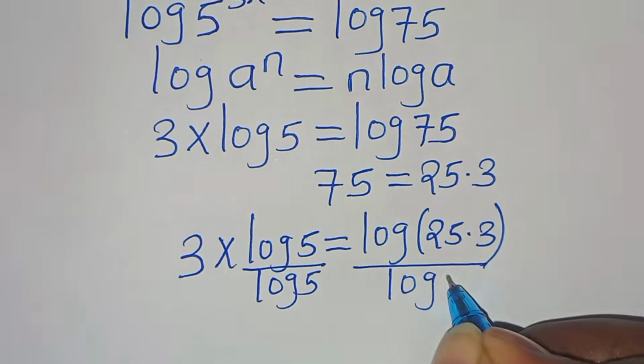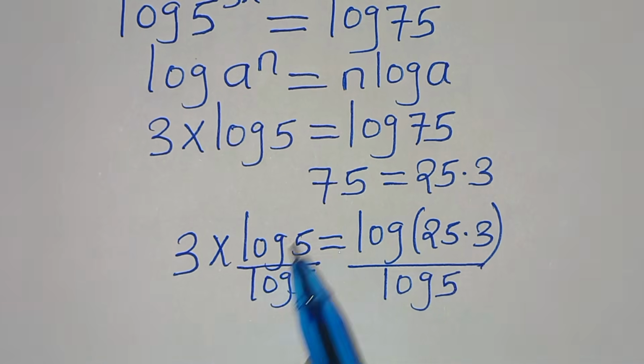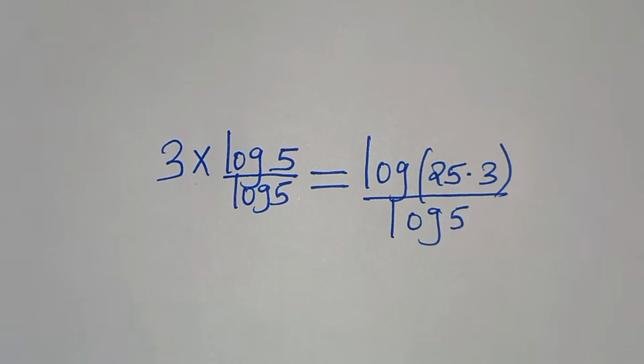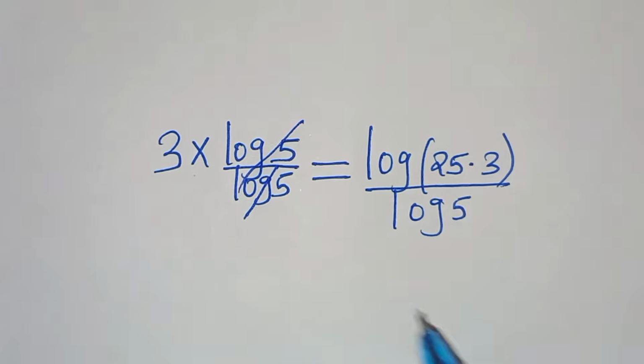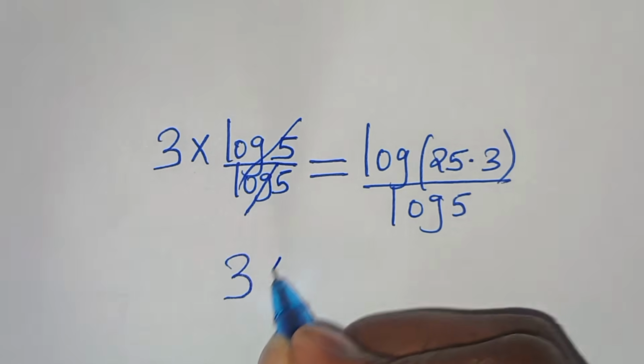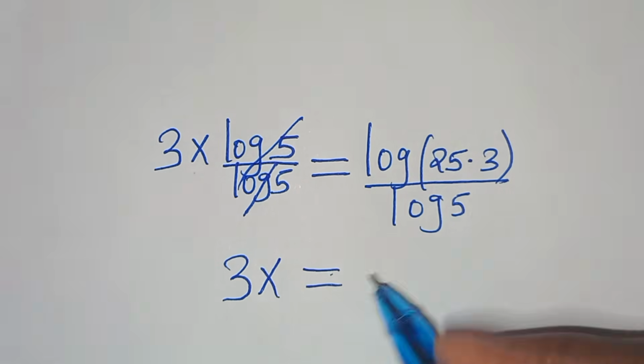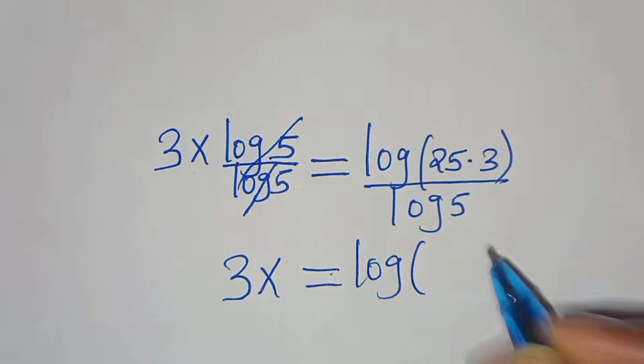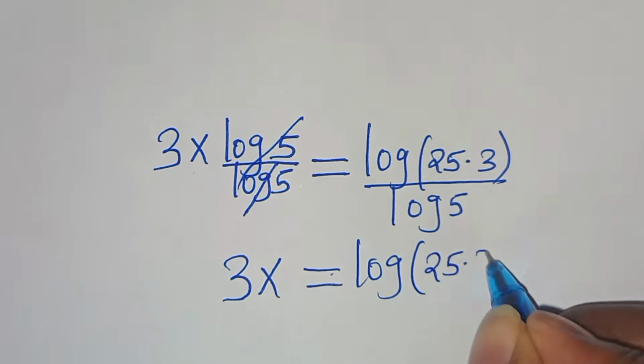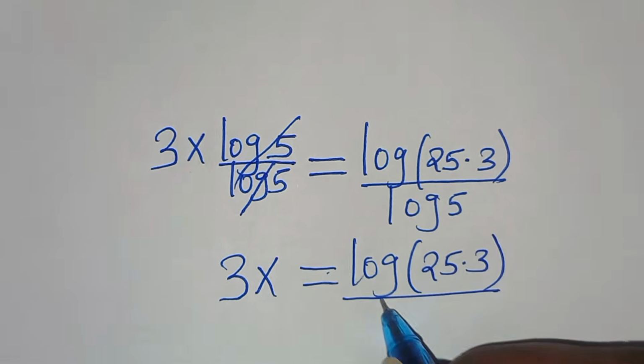So that now, we simplify log 5 and log 5 here, so that we have 3x. This is equal to log 25 times 3 divided by log 5.